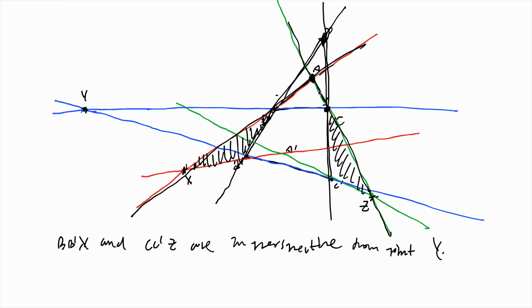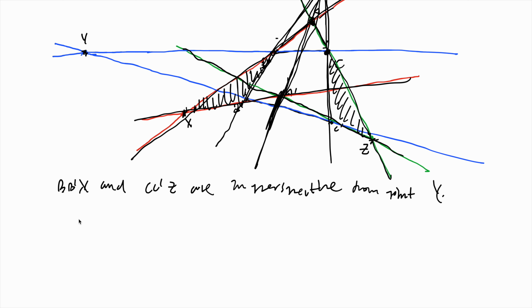Which is A, by construction, it is defined as A. Oops, this is A prime, and here, A prime. In other words, they are collinear. This line is collinear.